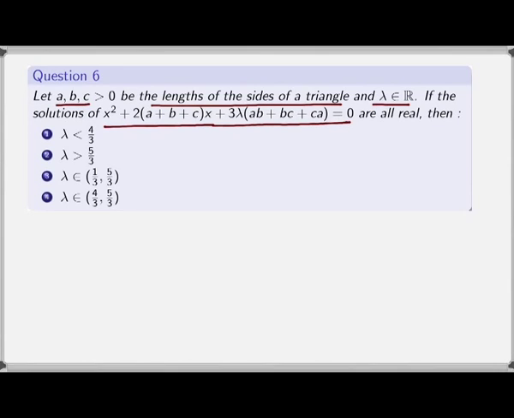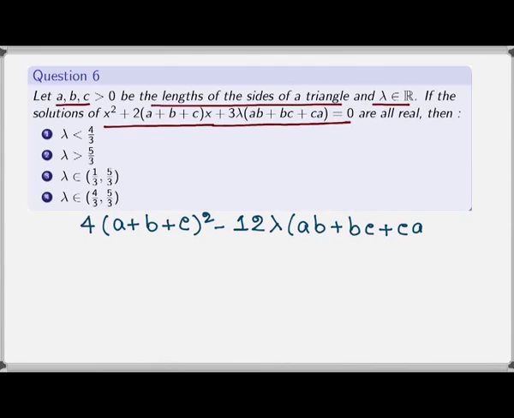And the condition is 4(a + b + c)² − 12λ(ab + bc + ca) ≥ 0.